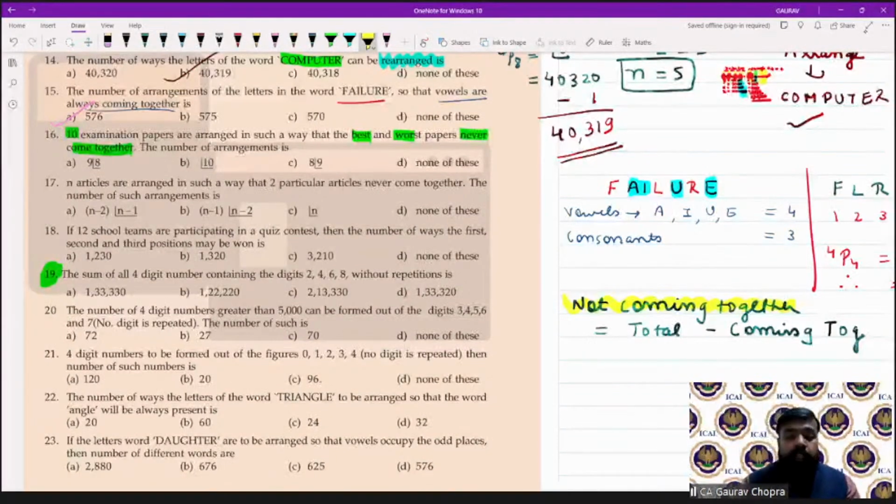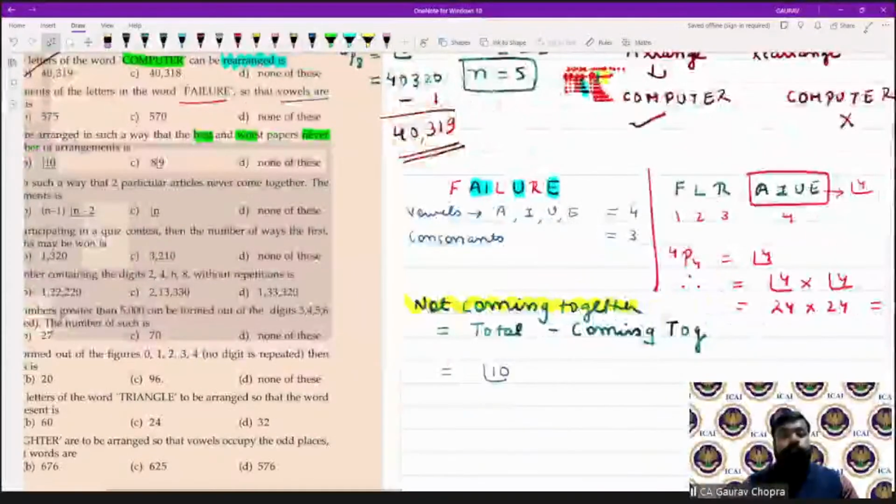Total minus coming together. So what are the total number of ways in which 10 papers can be arranged? 10 papers can be arranged in 10P10, that is factorial 10 ways.